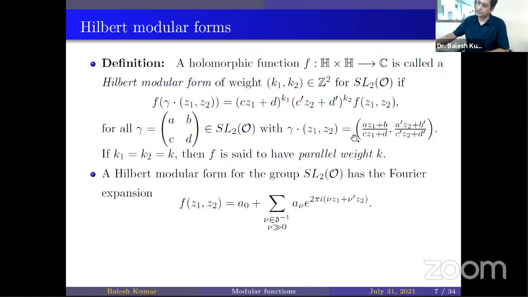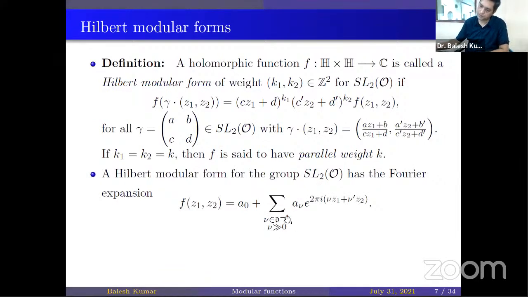And similarly, as in the case of SL2Z, one can construct examples of Hilbert modular forms like Eisenstein series, Hilbert Eisenstein series, and cusp forms also. Here also we have a Fourier expansion because it is also invariant under translations. The Fourier expansion of a Hilbert modular form is given as a0 plus the summation over the elements nu of the inverse different.